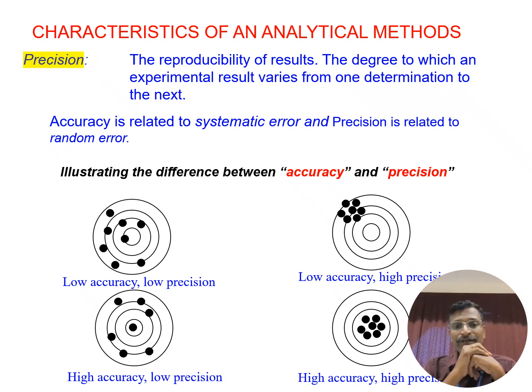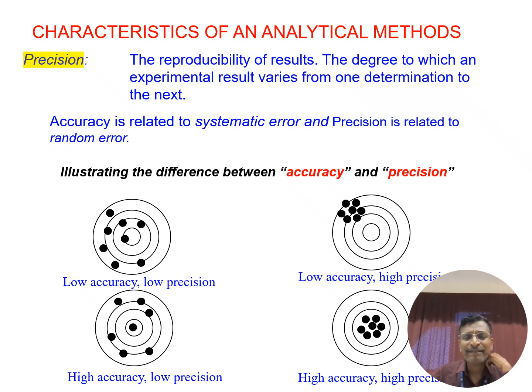Okay, so look at the first one. Or first I will explain the last one, the fourth one. Look at this fourth slide here. High accuracy and high precision. That means, look at this circle, the inner circle, all the data are very close.